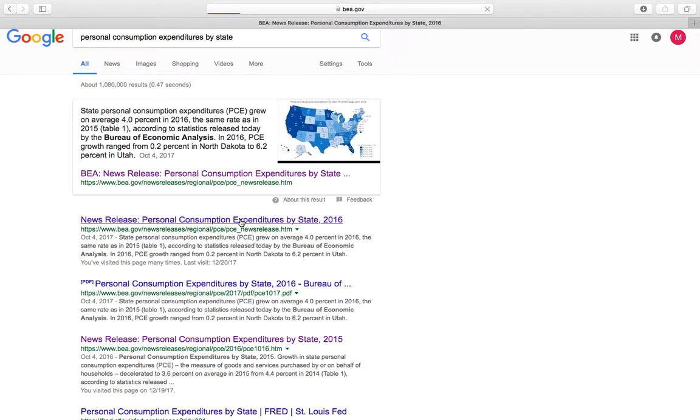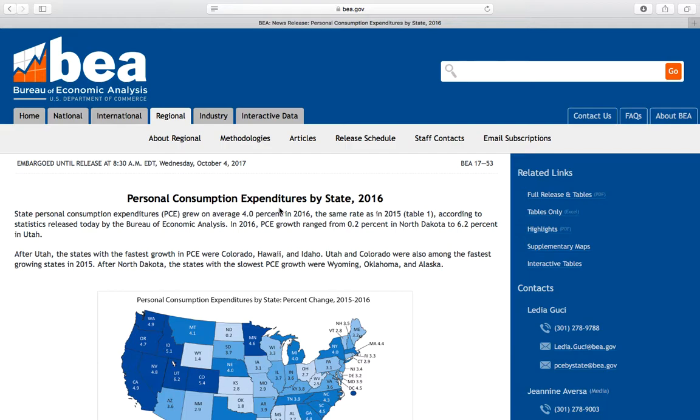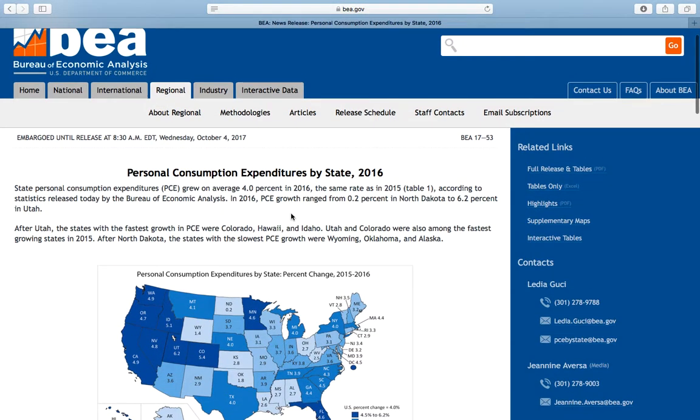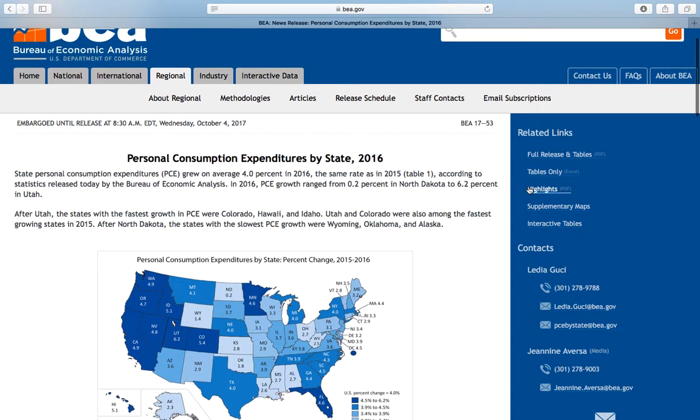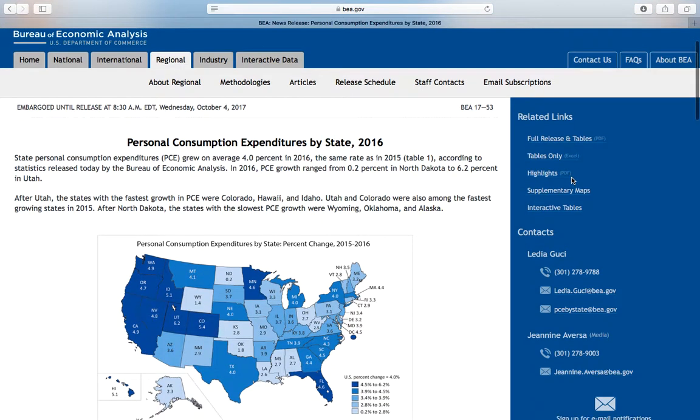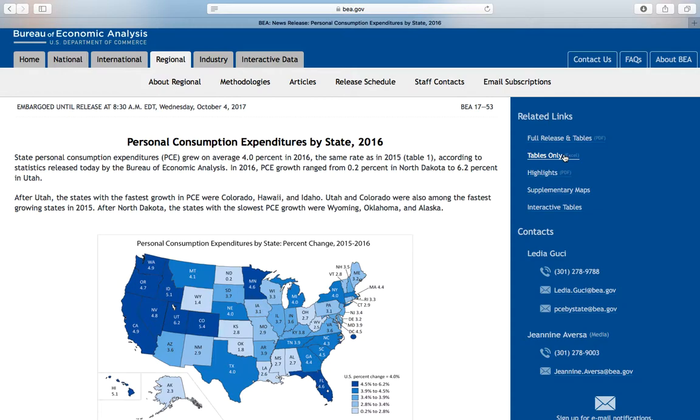And here's the website where I got all my data. The Bureau of Economic Analysis. And the report I extracted my data from was personal consumption expenditures by state. Let me show you where I got my data from, and I use the tables only, which converts into an Excel file.